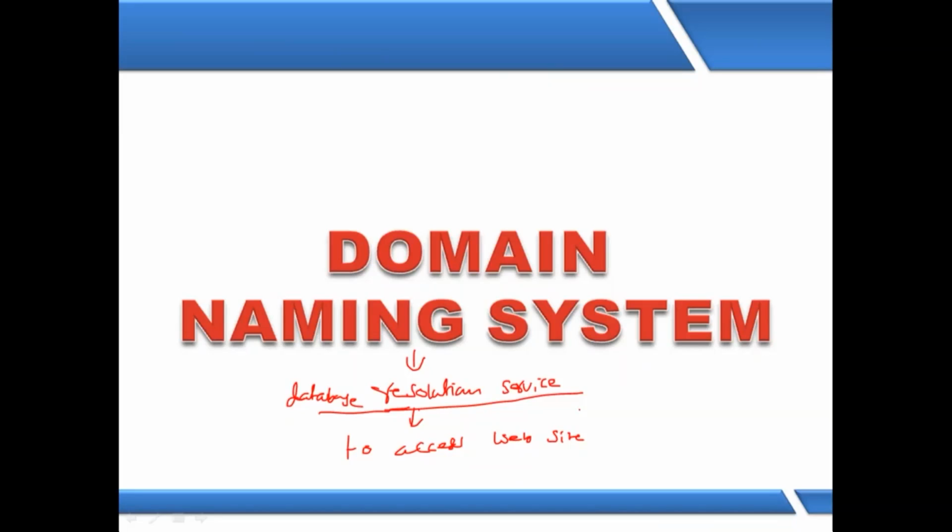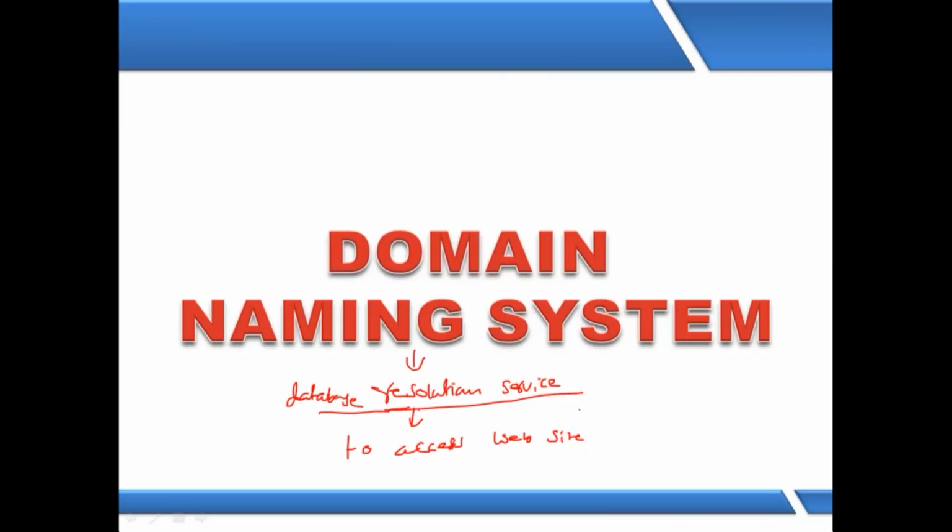Why are we saving the phone number with the name? Because as Aishwarya said, it is easy to remember the name instead of the IP. Isn't it? Everybody agreed or not? So why are we saving the number with some name? Because it is easier to remember the name instead of the IP address. Yes, that is the answer.